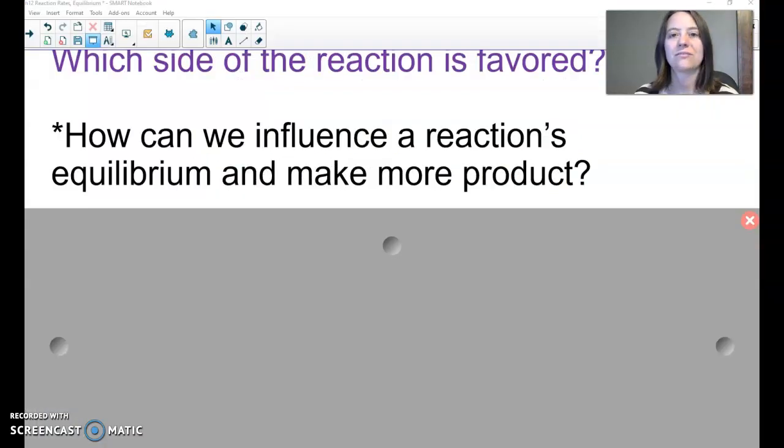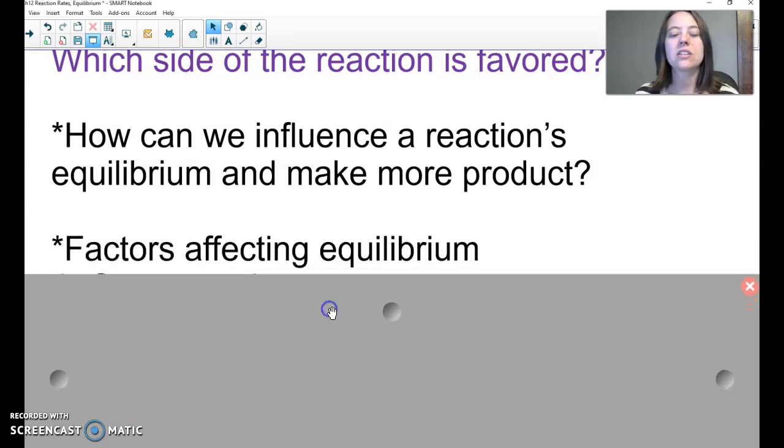So we know that some reactions are going to favor the product side and some reactions are going to favor the reactant side. But our question as chemists is, how can we influence a reaction's equilibrium and make more of a product? Well, there are factors that affect the equilibrium. So changing these factors will affect where the equilibrium is, either favoring the forward or the reverse reaction.